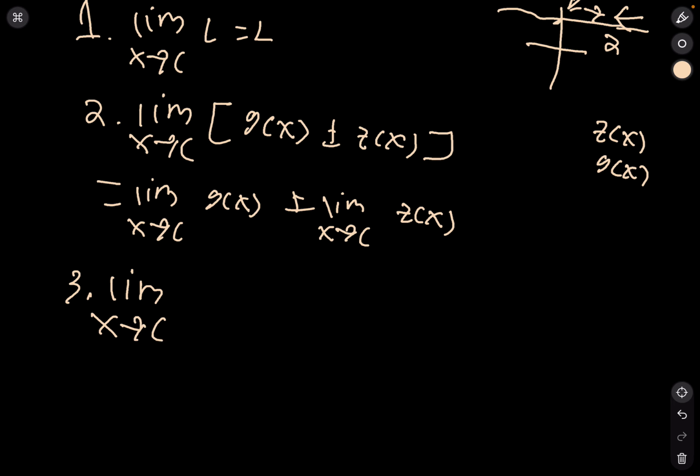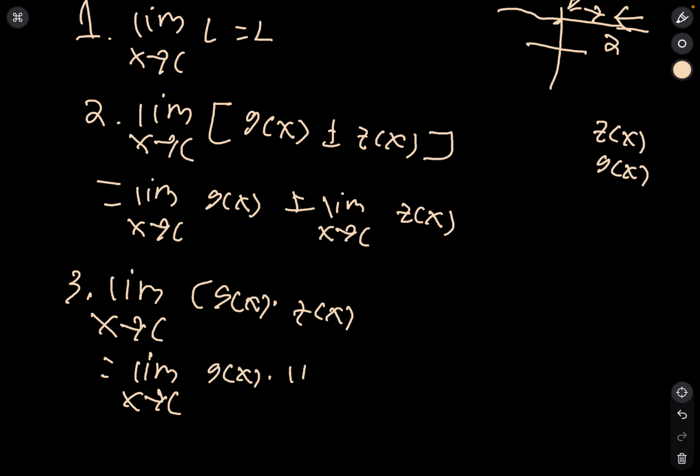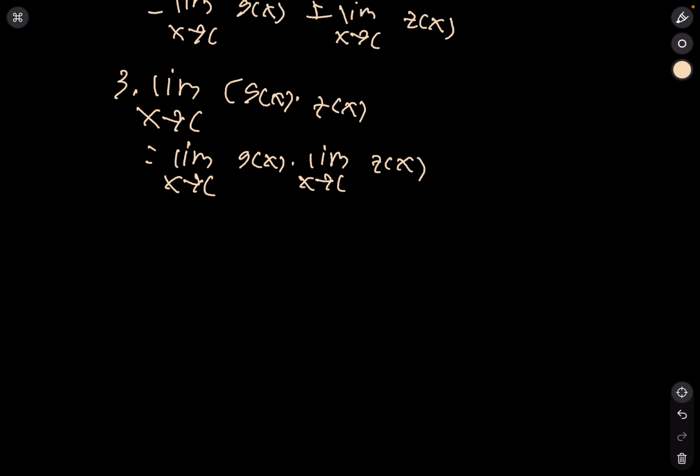So from here, you could just put in the same numbers. And then we have a fourth property, the property of a quotient.